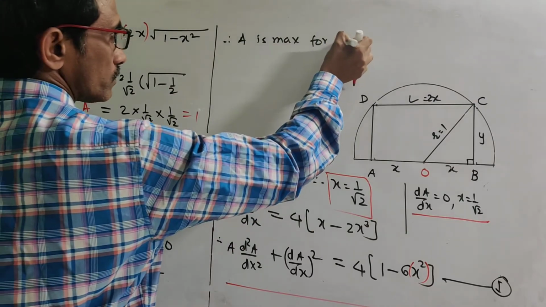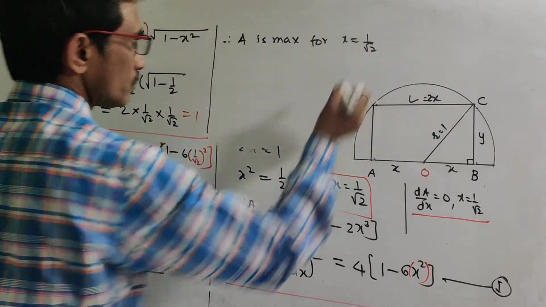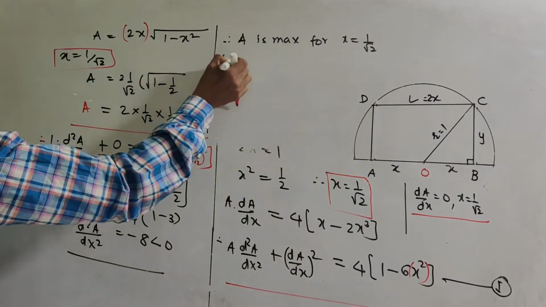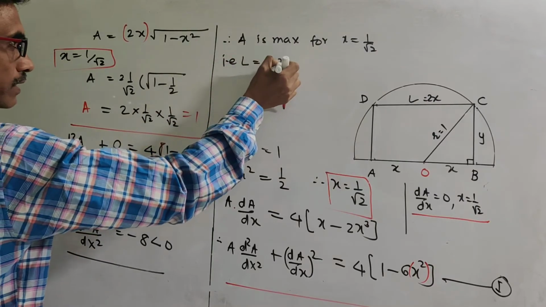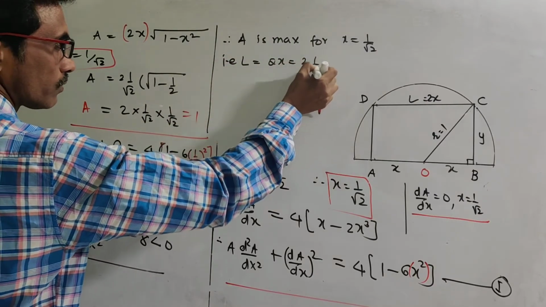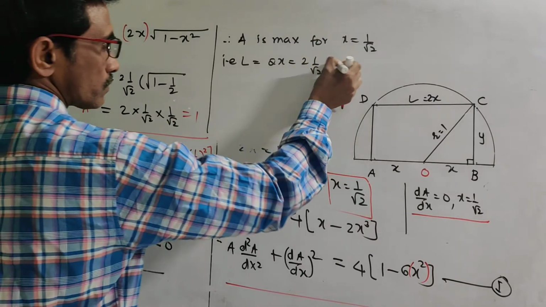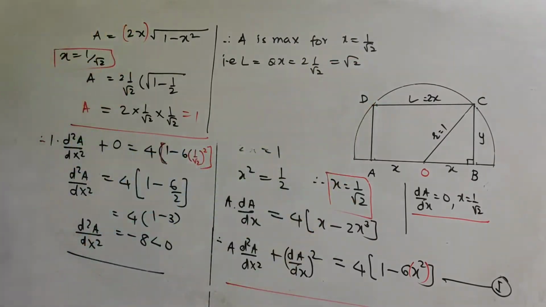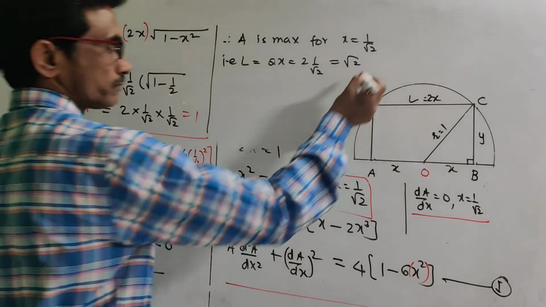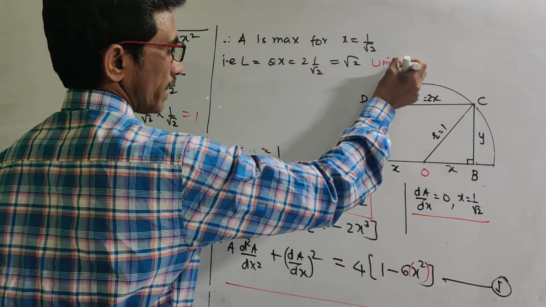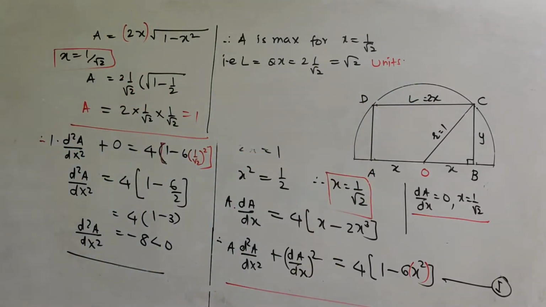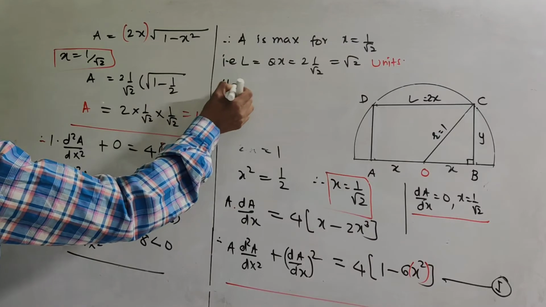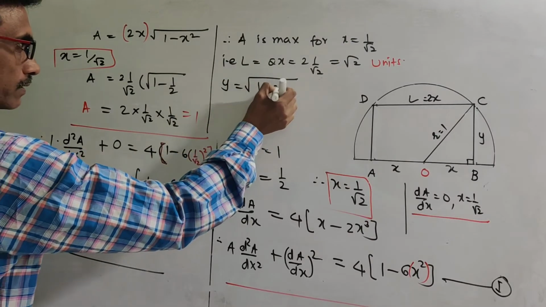x equals 1 by root 2. That is, length is equal to 2x, which is 2 into 1 by root 2, which is root 2 units, and y, that is breadth, is equal to root of 1 minus x square.